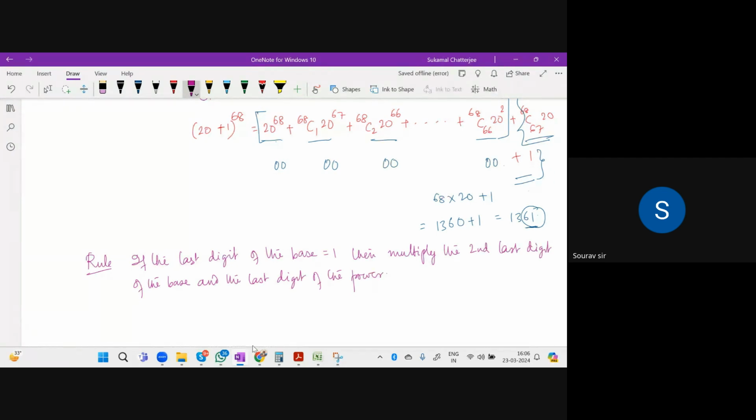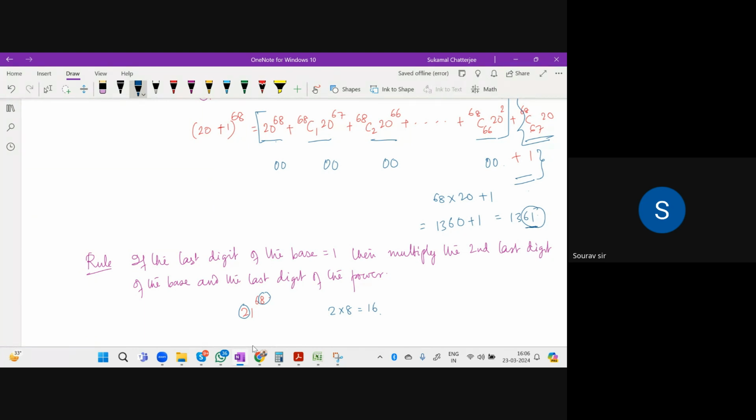Like in this case, I had 21 to the power 68. So my second last digit of the base is 2, and the last digit of my power is 8. According to this rule, I multiply 2 into 8, which gives me 16.